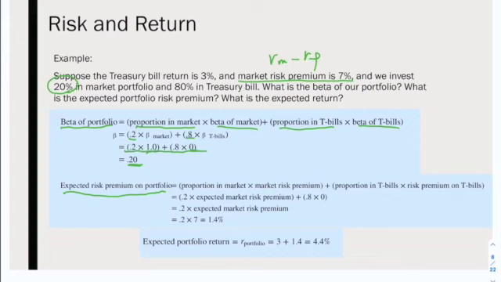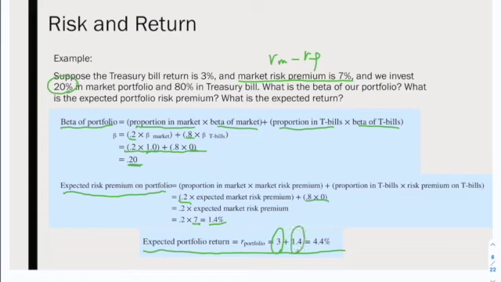Okay, we have 20% of the risk premium from the market, 7, and 80% of the risk premium from the risk-free asset, 0. So we have 1.4 as the expected risk premium on the portfolio, which has a beta of 0.2. And then the expected portfolio return following the CAPM equals RF plus beta times the market risk premium.